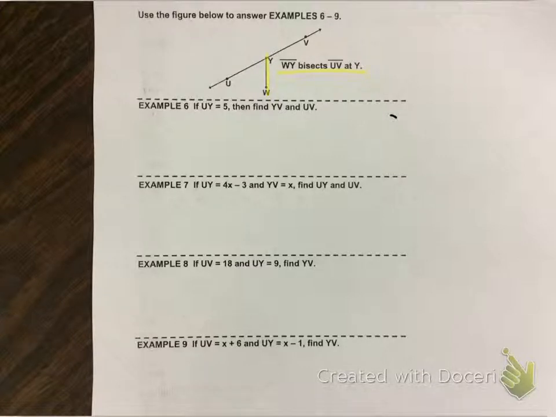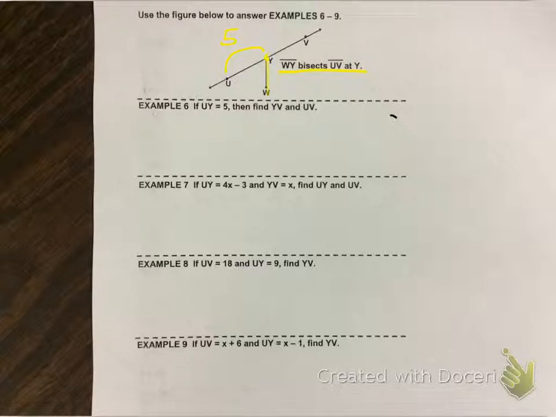All right, let's look at example 6. The key component here is that line segment WY bisects line segment UV at the point Y, meaning that this point Y is therefore the midpoint of the segment UV. It says UY is 5. So U to Y is 5. Find YV and UV.